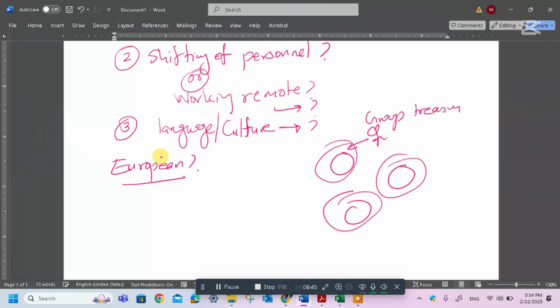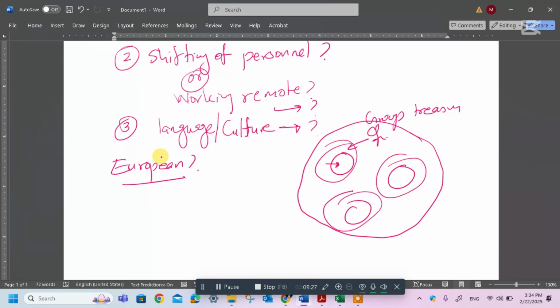Now you need to decide what to do with the treasury of this division, because earlier this division might have had a treasury function with certain autonomies, because the group treasury was in another continent. Now the group treasury is coming to the same continent, so they can work more closely with these divisions. So do we have to rethink the autonomies, the powers we have given to each of these divisional treasuries? But when doing that, if we are going to reduce the powers of those treasury functions, we must make sure it doesn't affect their motivation as well.